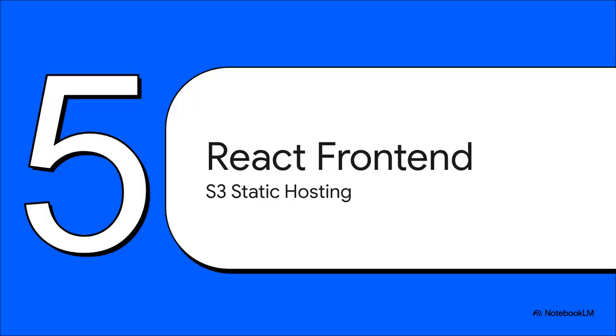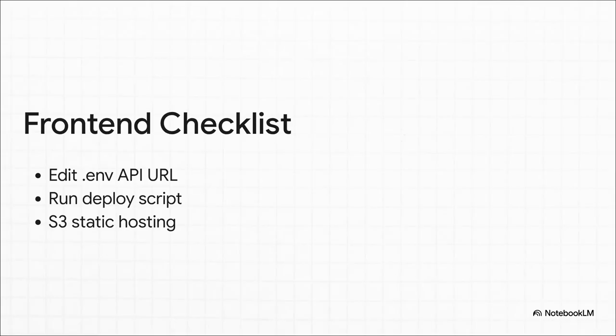That brings us to Section 5, deploying the React front end utilizing S3 static hosting. The provided GitHub repository actually has this React app pre-built for you, but going through the deployment checklist is vital. First, if you're building from scratch, you scaffold the app and install the necessary node dependencies, things like Tailwind CSS.